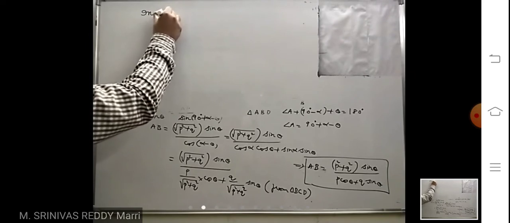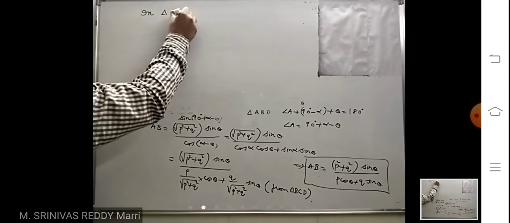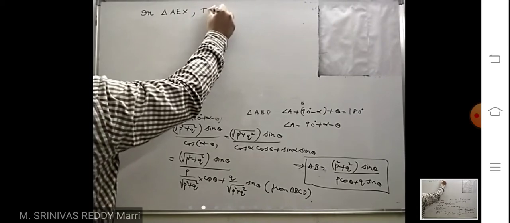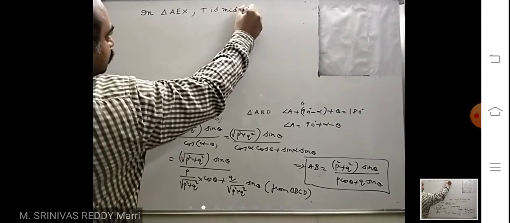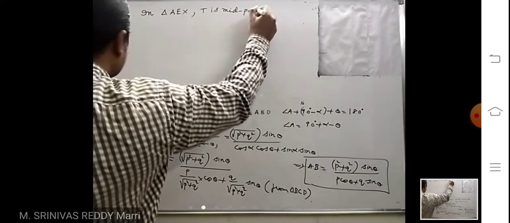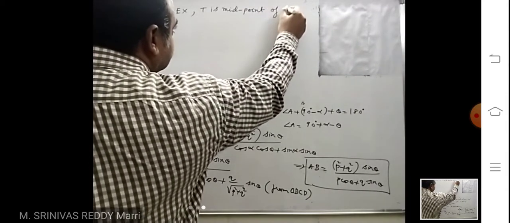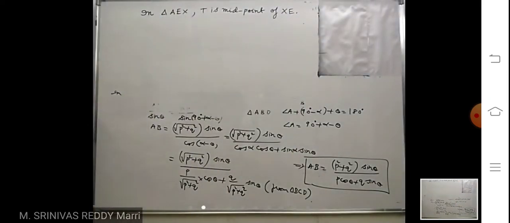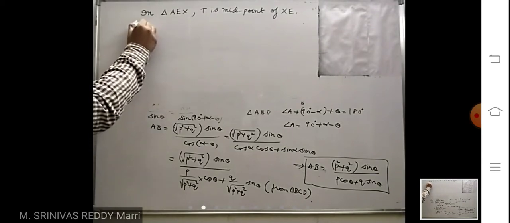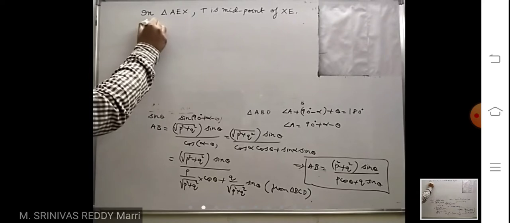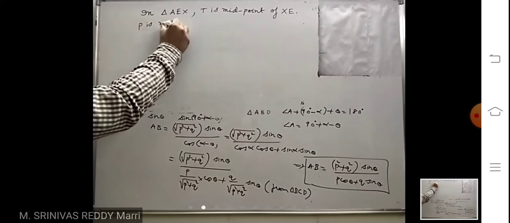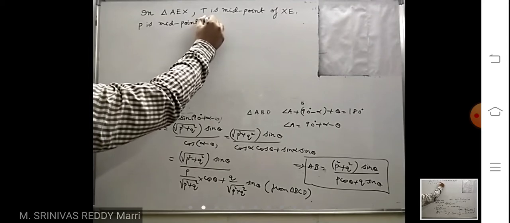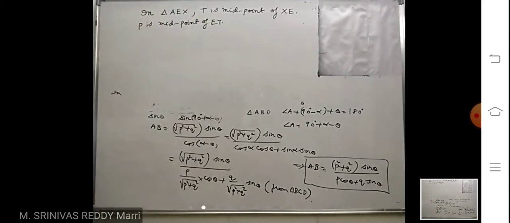In triangle AEX, P is midpoint of XE. P is midpoint of ET.